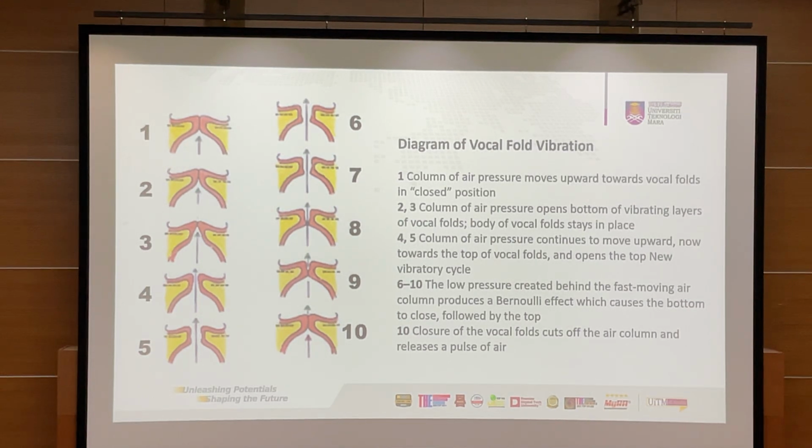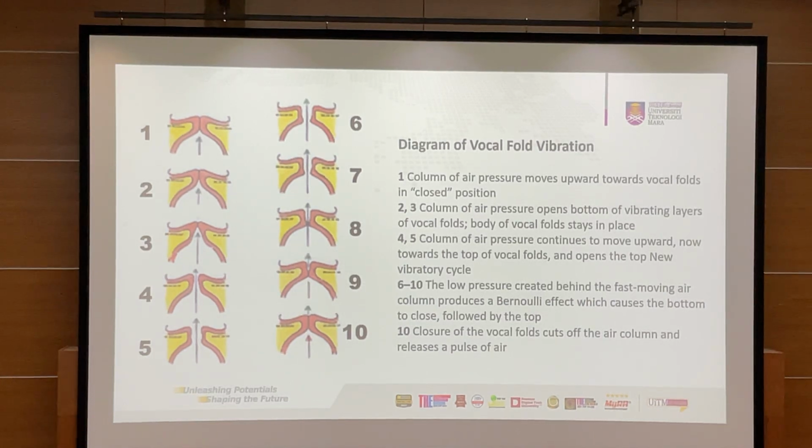Once the air escapes the vocal fold, it gives rise to low pressure, which produces the Bernoulli effect, which causes the vocal fold to close again, starting from the inferior lip followed by the superior lip. This also occurs due to the elastic recoil of the tissue itself.